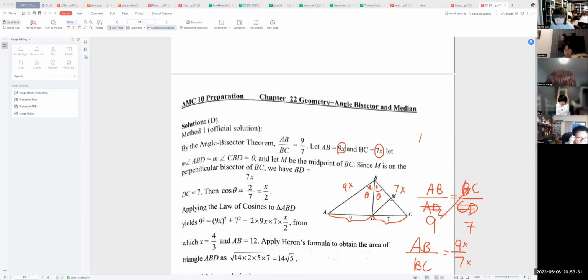So we have BD equals DC equals 7. Do you understand this part? DM is the bisector of this one, and also perpendicular to BC. That only shows BCD is an isosceles triangle. Understand this part? Okay, June?